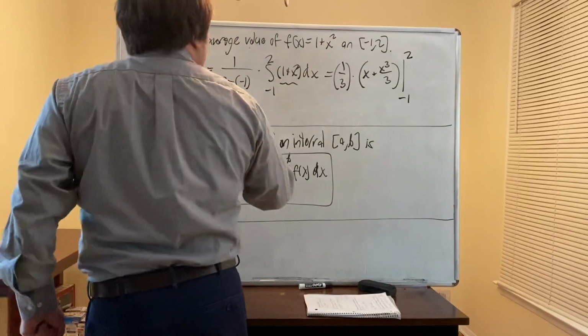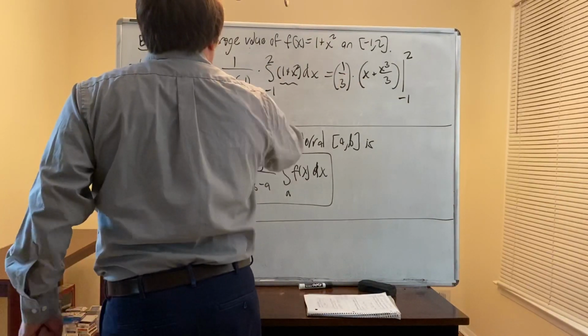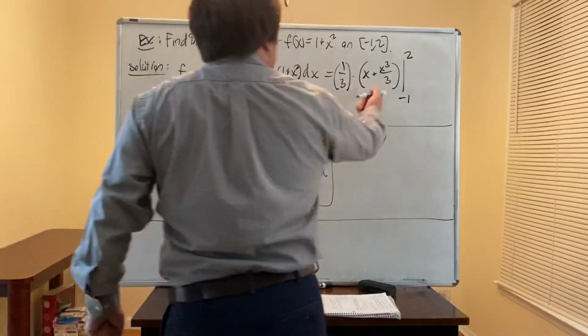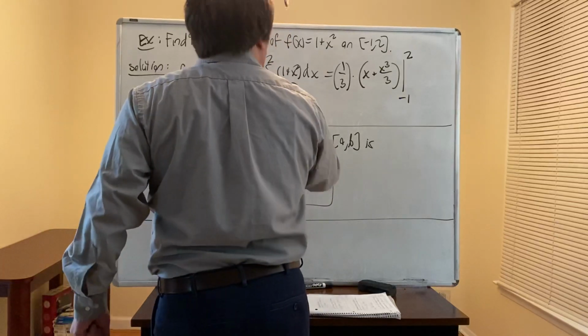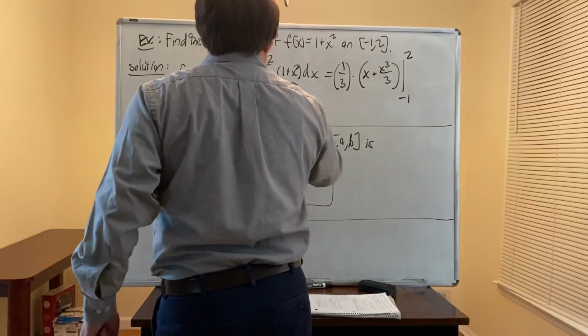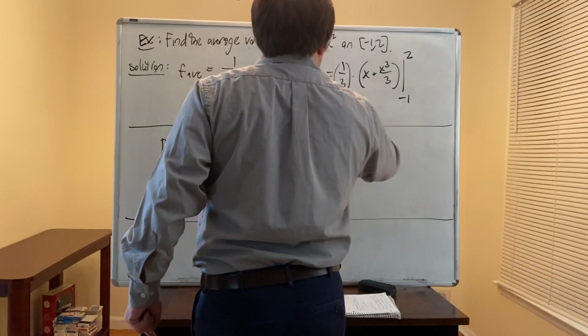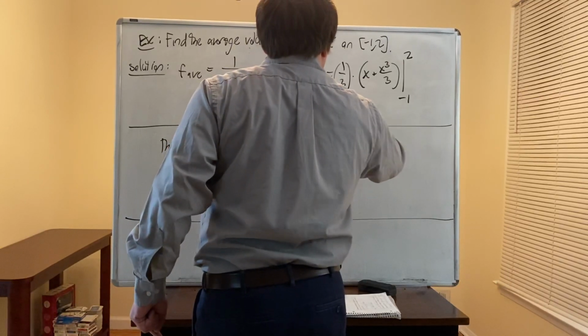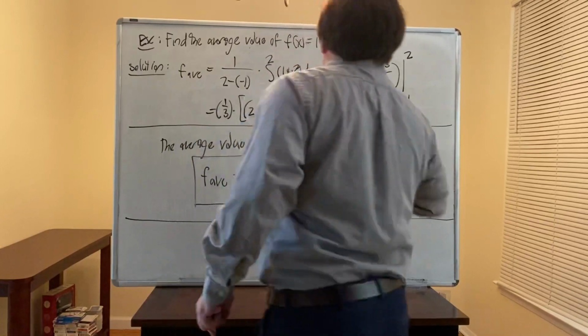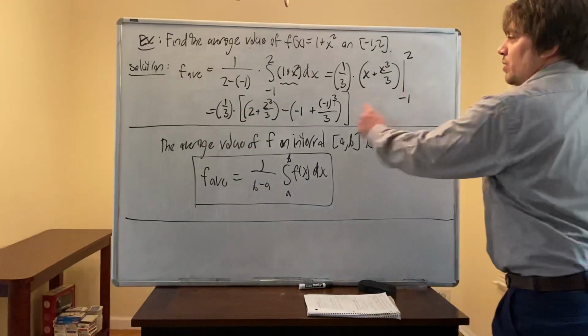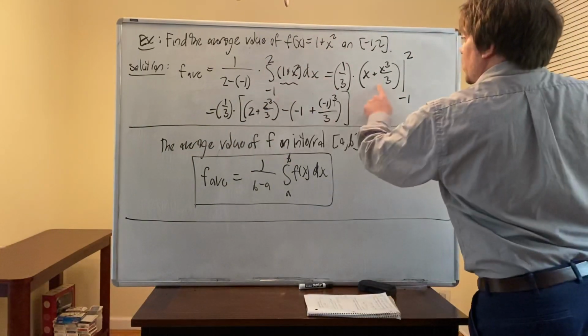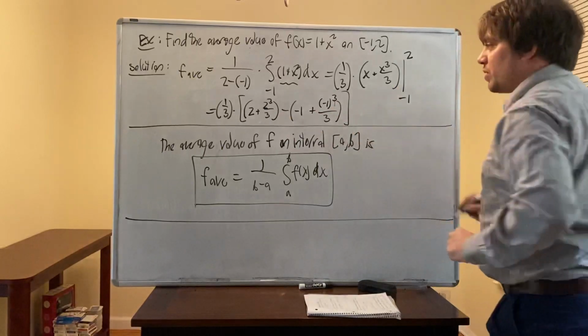And so that's equal to 1/3 times this, when you plug in 2 for x, minus when you plug in -1 for x. Okay, so you're just plugging 2 into that expression minus plugging -1 into that expression.